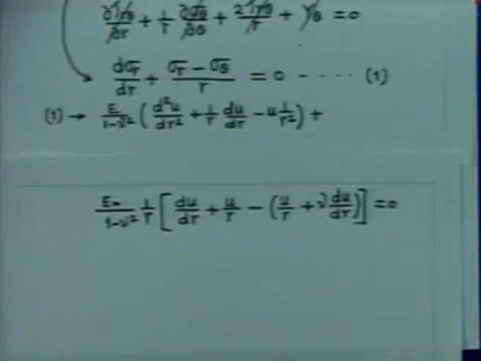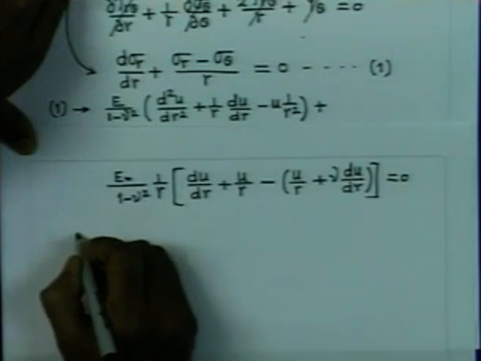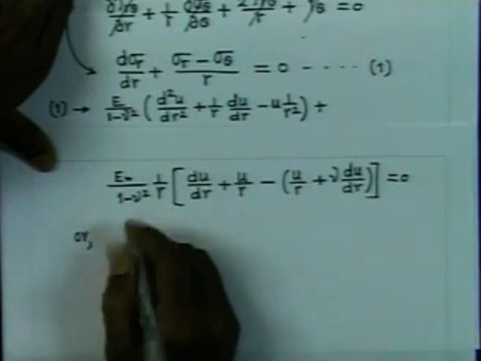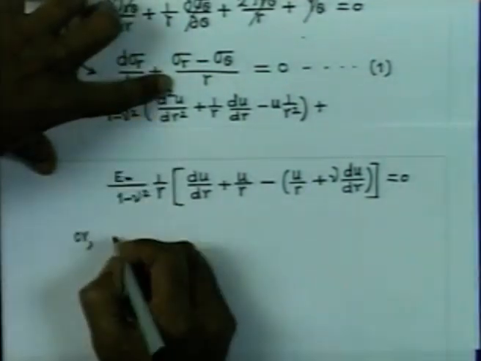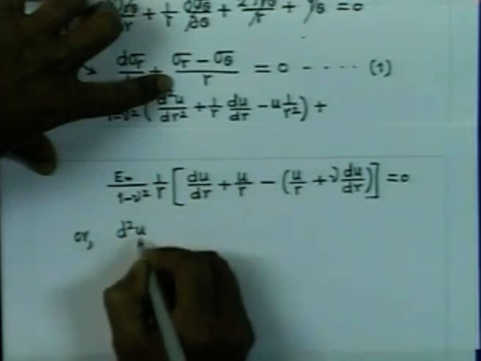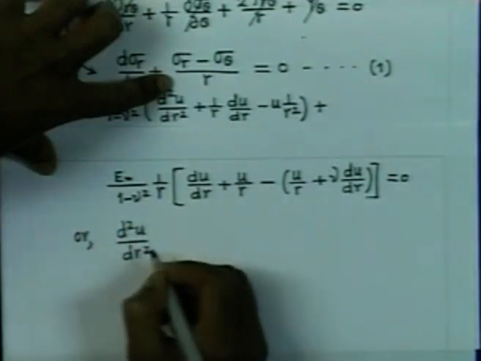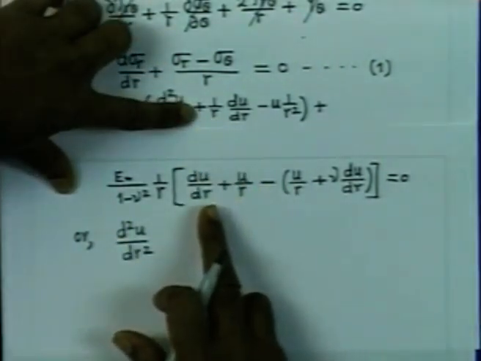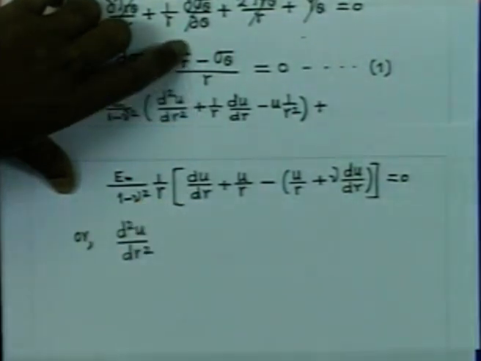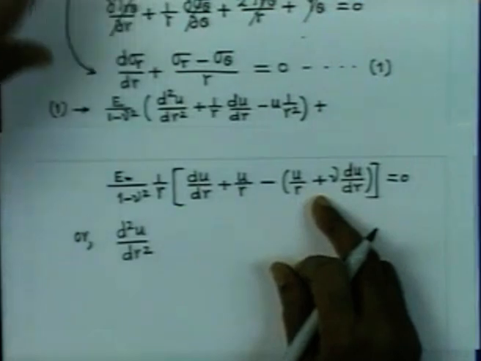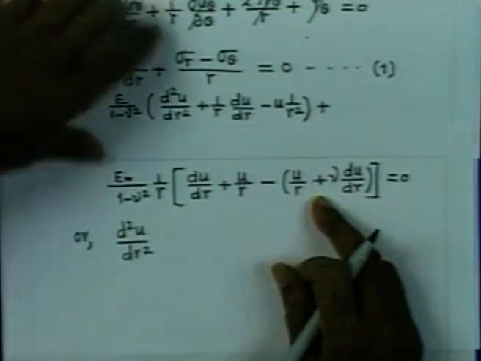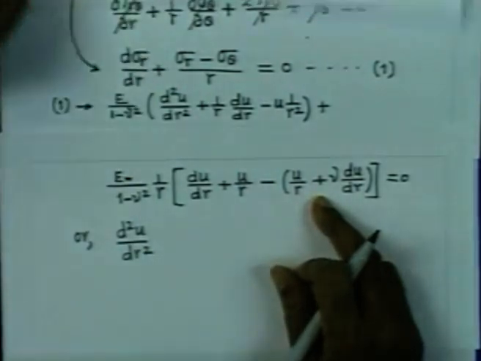So, finally we have this, and if we simplify, E by 1 minus nu square is common. So, we will be having d2u dr square, that is the first term, and then oh, I am sorry, I have not actually made use of one more term here.